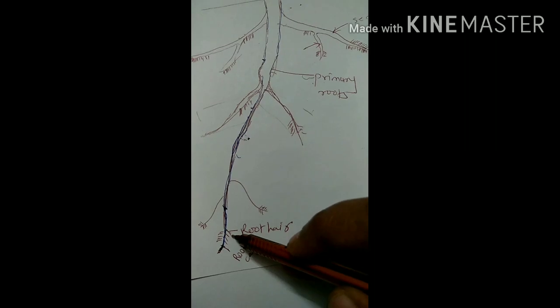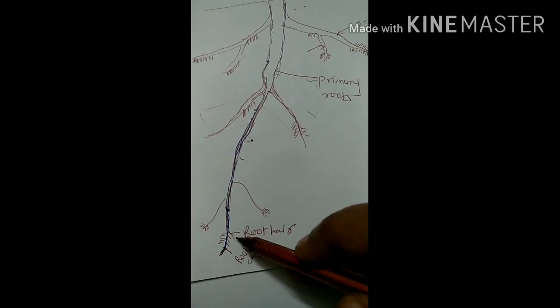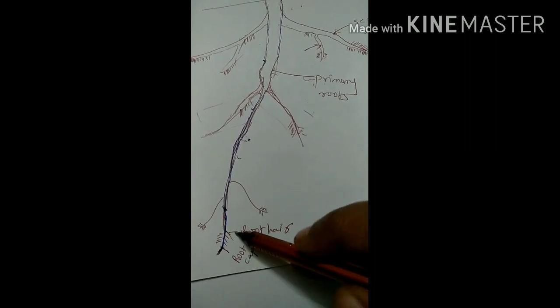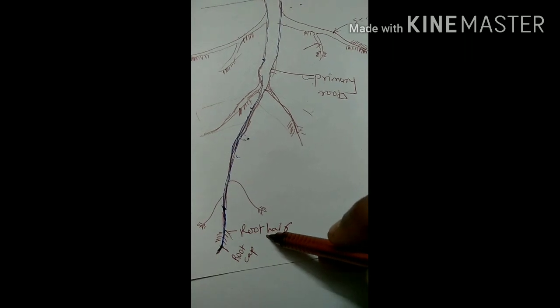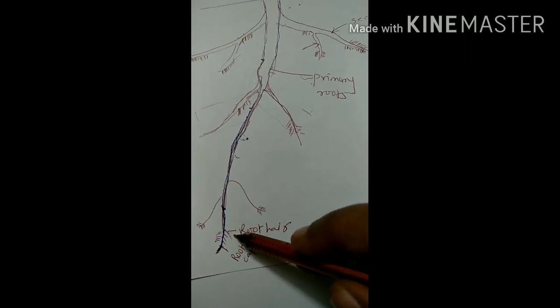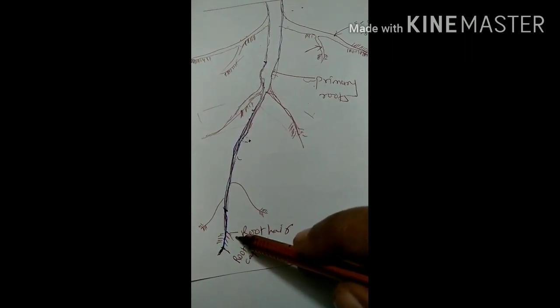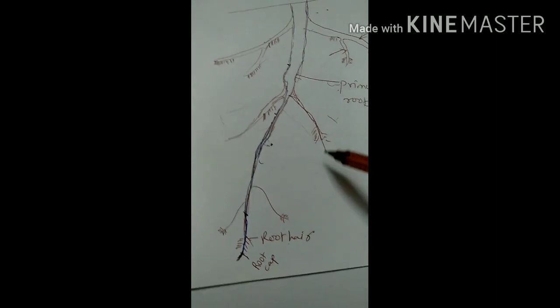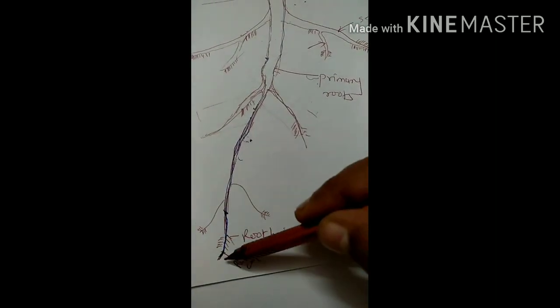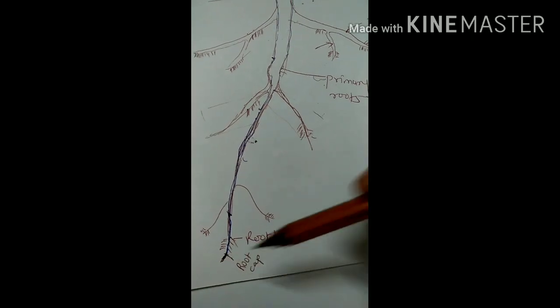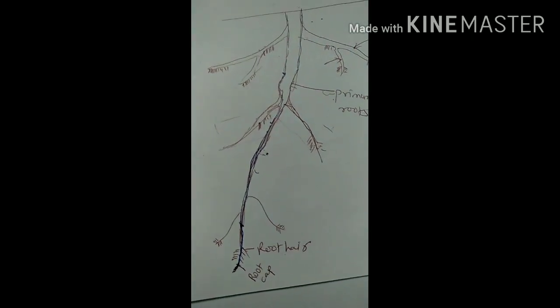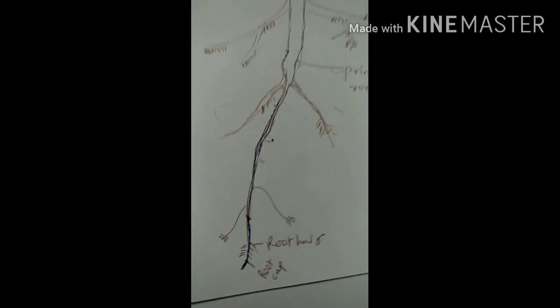Now, near that root tip, there are very thin hair-like fibers called root hair. These are very delicate, very thin. They are called root hair. Now, this root cap protects the root tip.